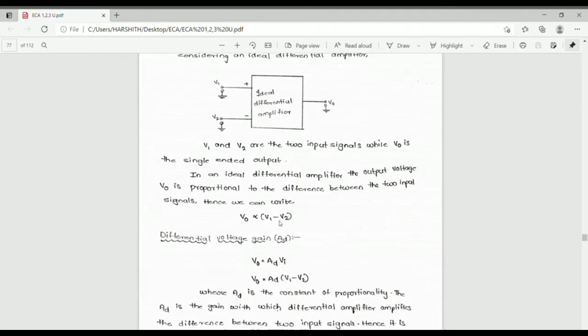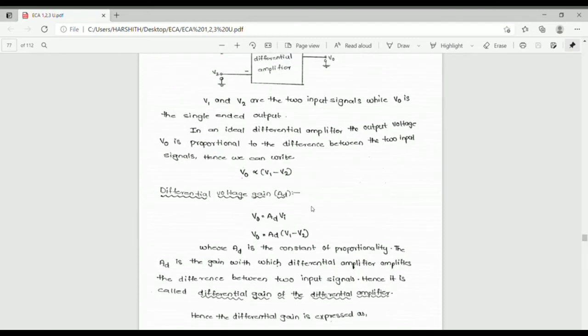In this, the differential voltage gain is AD, so V0 equals AD into Vi, where Vi means V1 minus V2, and AD is the constant of proportionality.